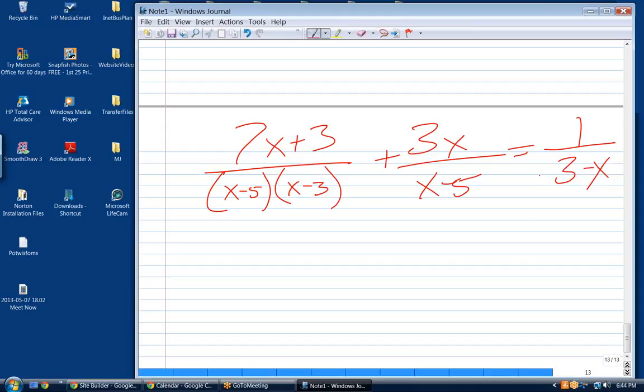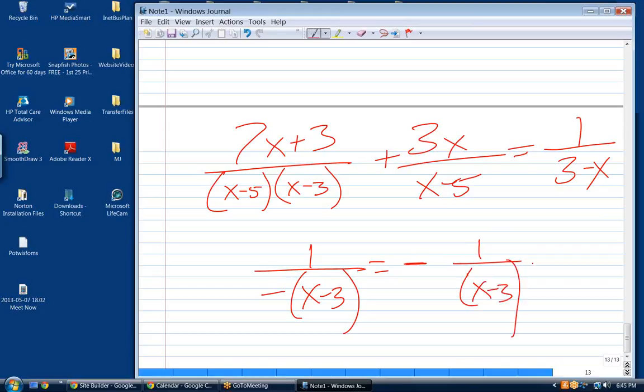And it doesn't matter whether I stick the negative sign in the denominator or the numerator. It's the same. In other words, these are all exactly the same. 1 over minus x minus 3. Notice that that's the same as that. But I can also write it as negative 1 over x minus 3.